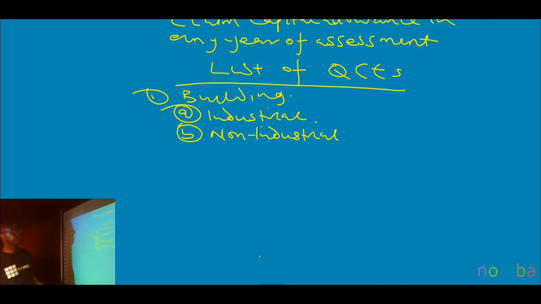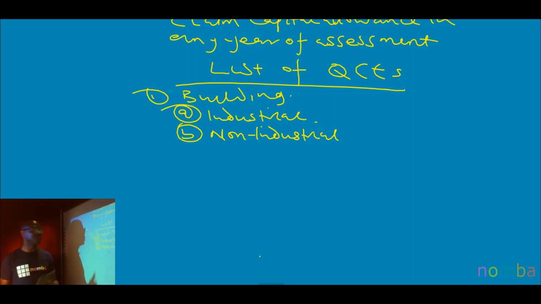Industrial building. These are expenditures in connection with warehouse, factory, workshop, mills, port, jetty, dockyard, etc. Are we there? I'll take them again.